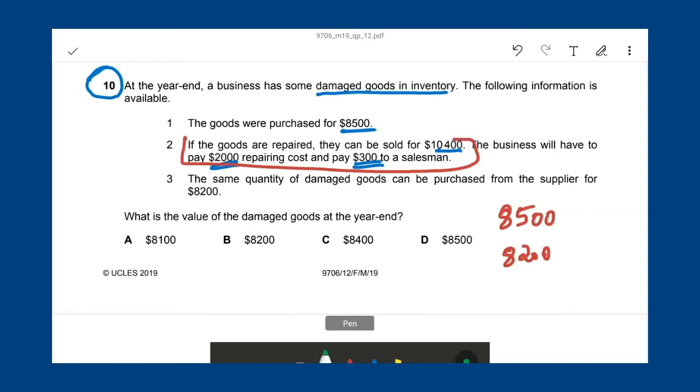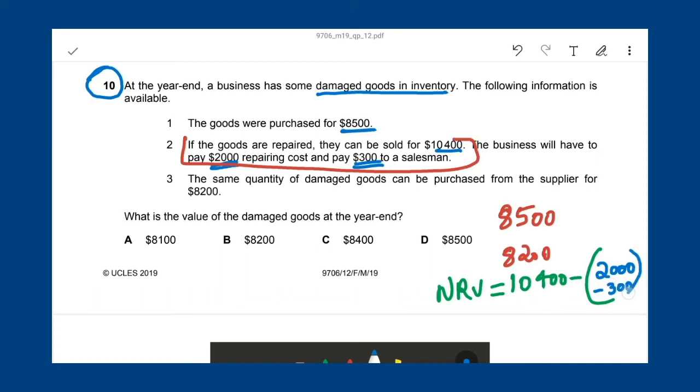Net realizable value is selling price minus the cost. 10,400 minus 2,300, that is 8,100.